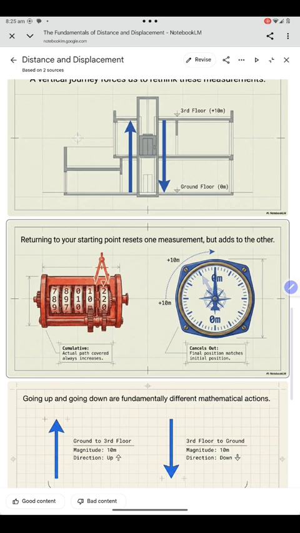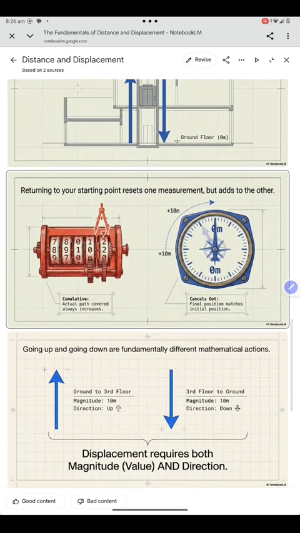The initial and final position both are the ground floor, that means the displacement is 0 in this case, and we conclude that displacement can be 0 or displacement can be equal to distance. So this is another difference between distance and displacement.